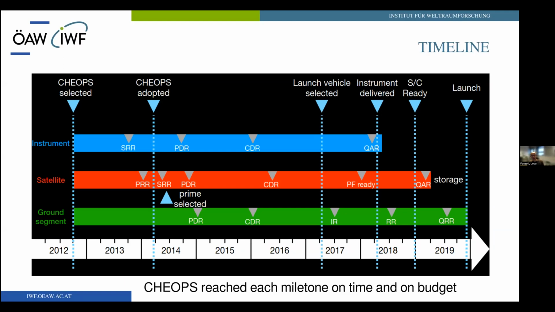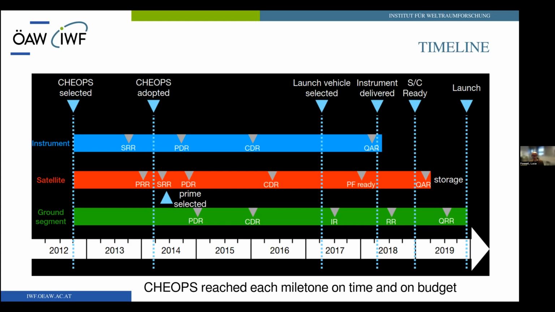Very quickly, this is the timeline of the entire development of CHEOPS. You see that there have been very many steps, but overall it has been a rather quick mission for ESA standards.